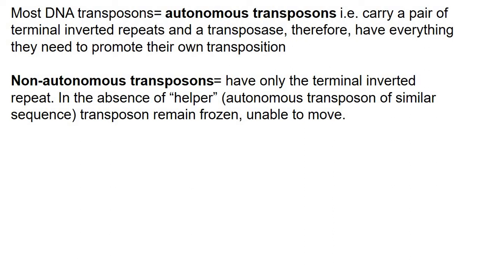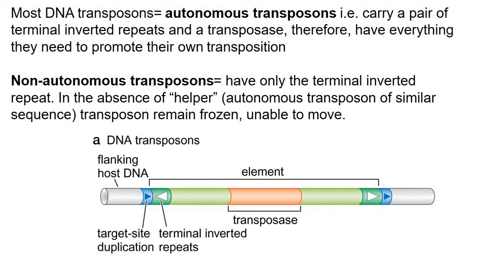Okay, so again, this is an example of an autonomous transposon. If it doesn't have this portion, then it's a non-autonomous transposon. And many transposable elements in our genomes are non-autonomous, because if there are too many autonomous transposons, there will be a lot of genetic instability because of the activity of transposable elements.